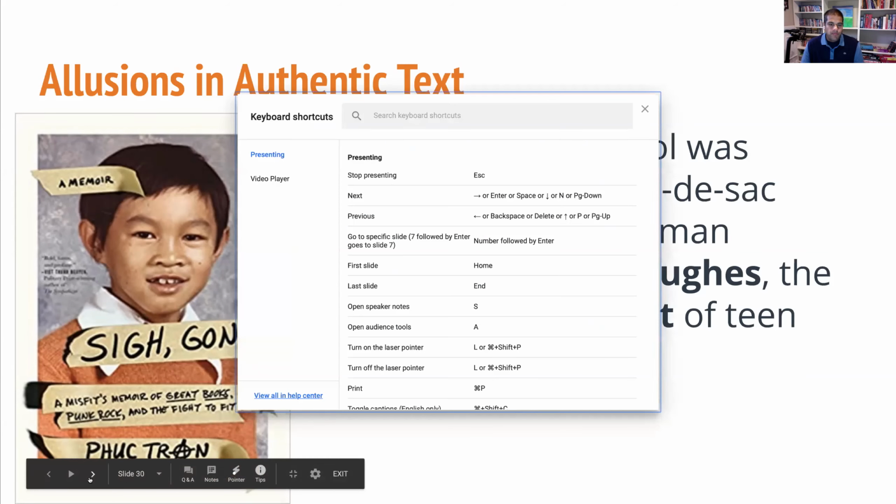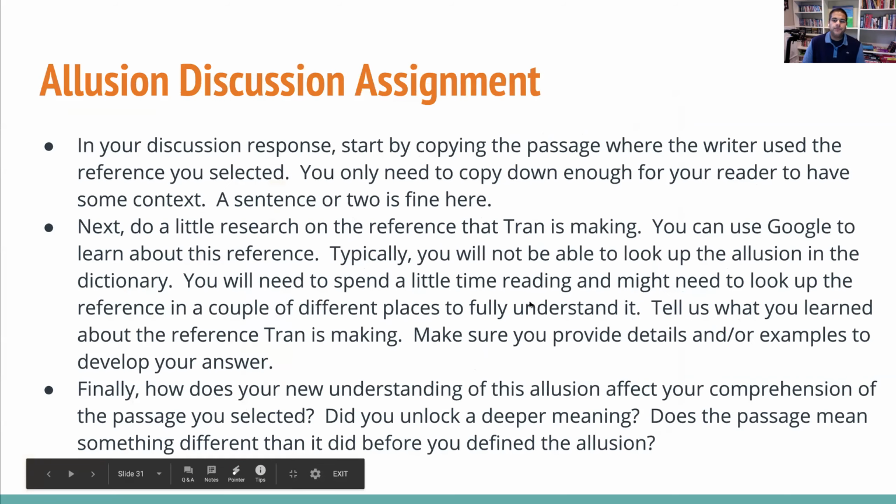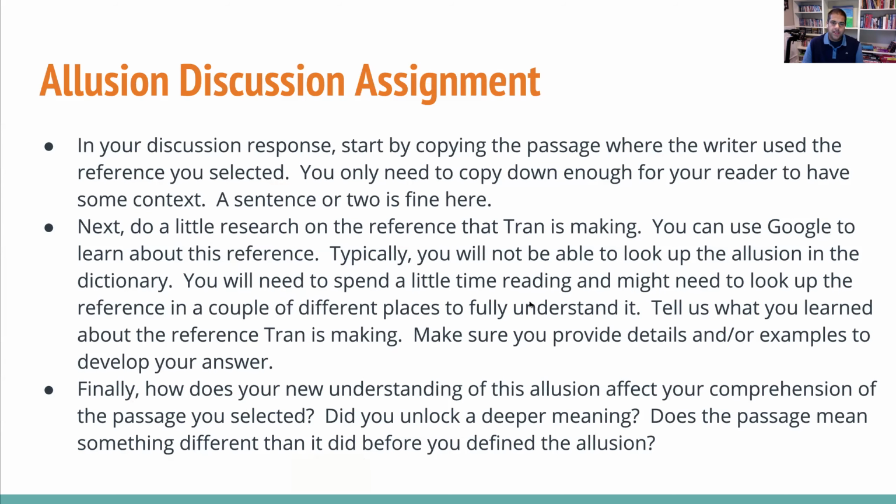And so what we did was a few things. They started a discussion post, and this is just a sample taken from my Canvas page of the discussion. They copied down some context where they found the reference, just enough so the reader knows how the reference is used. Then they're supposed to do a little bit of research, right?